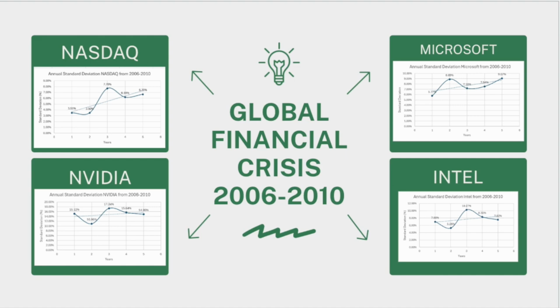Even companies such as Microsoft and Intel, whose return patterns are typically less volatile than the others, were not left behind with increased volatility. This means that their diversification did not work to reduce the losses. This suggests that in crisis times, investors should rely more on risk-adjusted performance measures, for example, the Sharpe ratio.